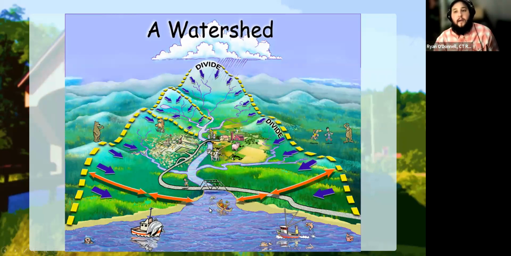And then, of course, within watersheds, you can have sub-watersheds because you have tributaries. An important thing that this diagram really captures is that what happens on the land affects the water in the watershed. So this farm and the city are affecting the water in the watershed.